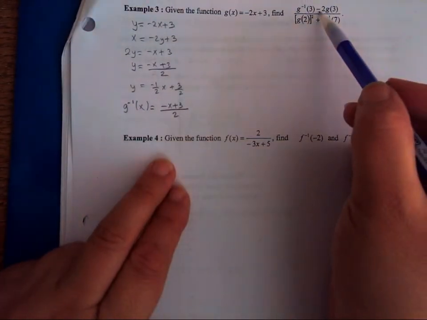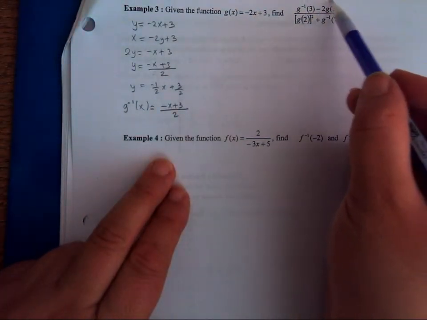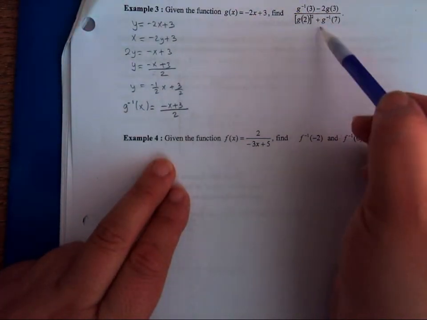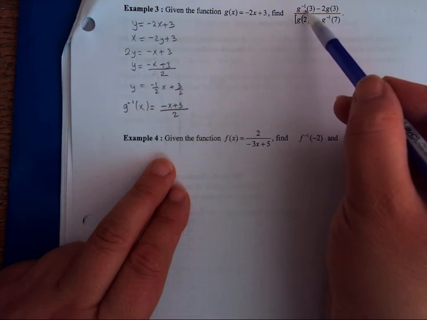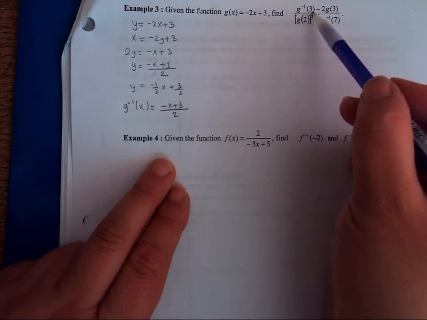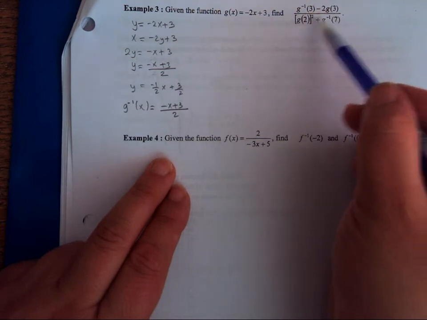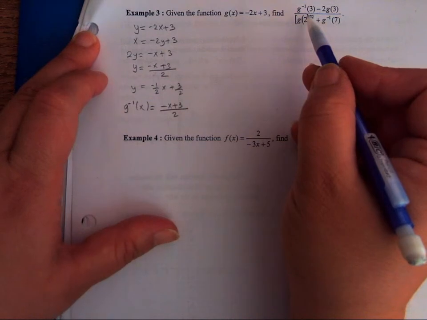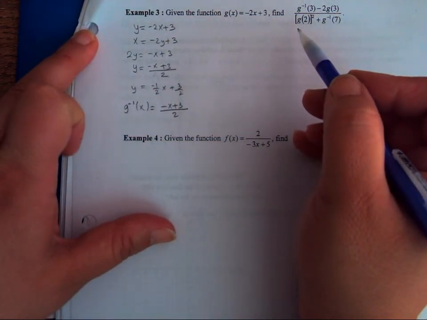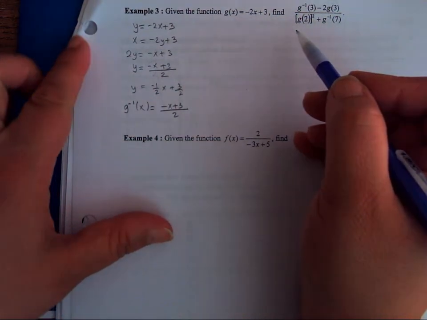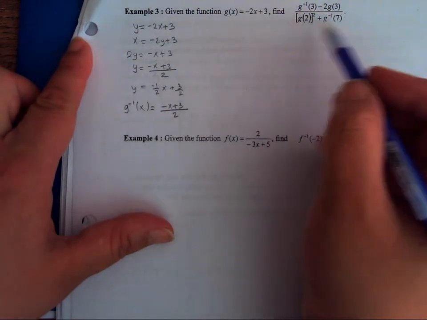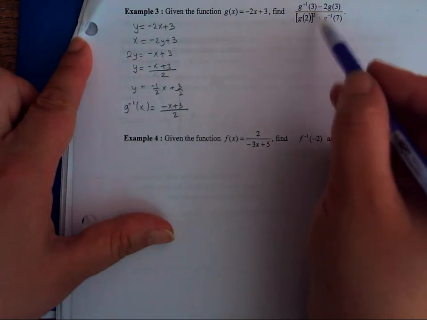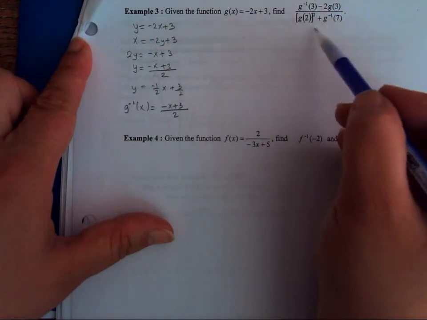Okay, so what do we need to know to calculate this? We need to find g inverse of 3. First calculate those separately and then put them all together. Otherwise, it's going to get confusing. Can we simplify this one? No, you can't. How are you going to simplify?